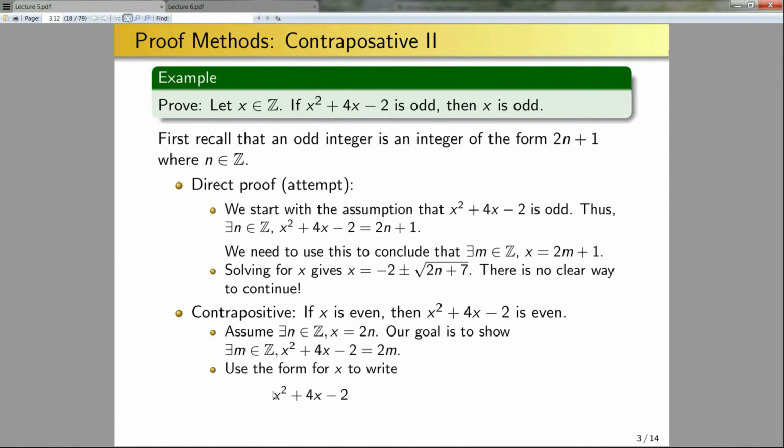If I do that, this expression is simply equal to 4n squared plus 8n minus 2, and out of all of this, I can factor out a 2. Thus, m is simply going to be equal to this thing in parentheses. And further, since this thing in parentheses is an integer, I'm done. I've proven the statement. Here you can see where proving the contrapositive instead of the original statement can make things dramatically easier for some problems.